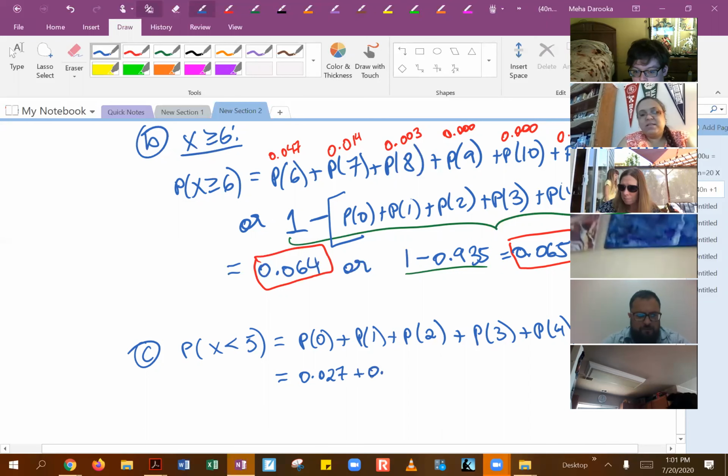And these probabilities will keep increasing as you go from 0, 1, 2, 3, 4, and 5. So they will keep going a little bit higher each time.